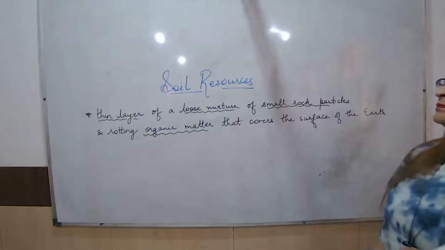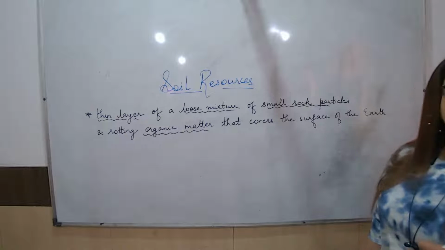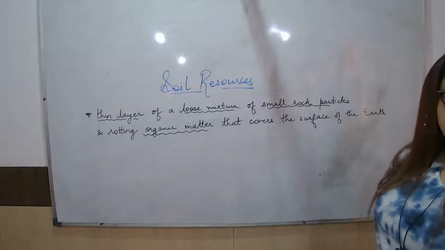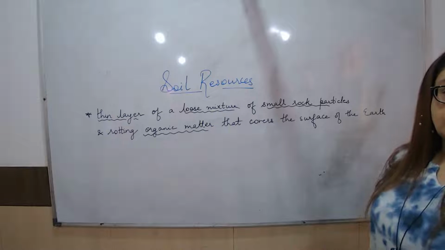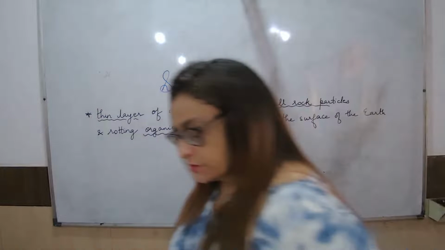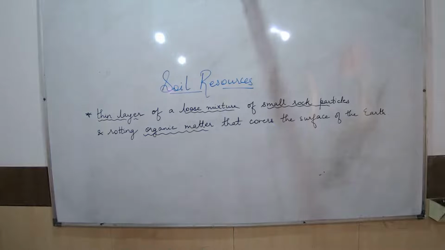So what is soil? A thin layer of a loose mixture of small rock particles containing rotting organic matter that covers the surface of the earth. It supports forests, grasslands, and crops from which all living creatures on the earth derive their energy.